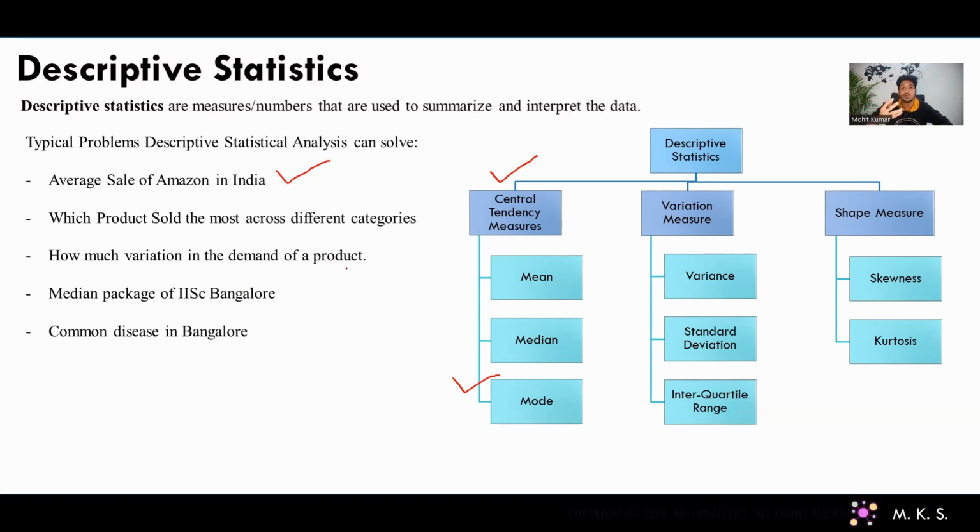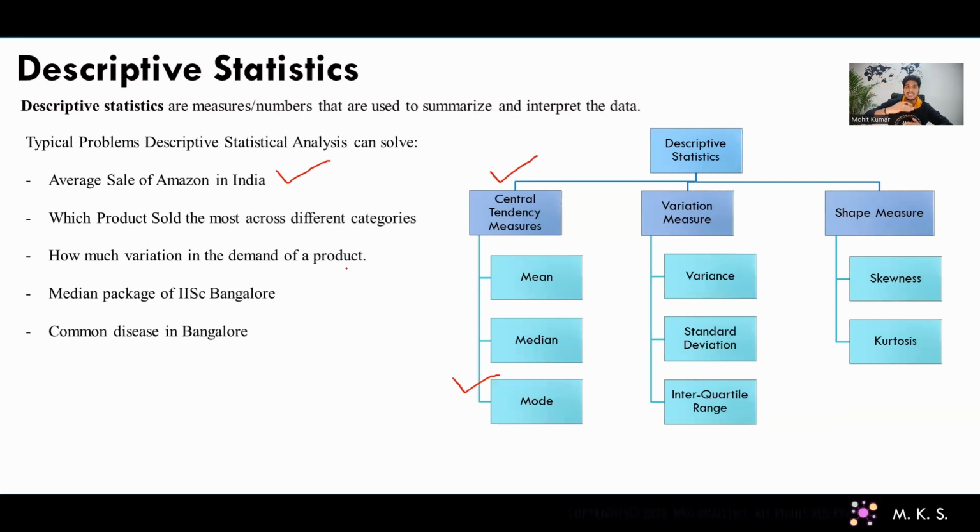Now, let's look at it from the industry perspective. Take the example of Amazon itself. Now, you know the central value, that may be, let's say, 10 lakh is the average sale of Amazon in India. Or you can say on an average, a single type of product sold on Amazon, let's say a phone, is 10,000. Now, that is the central value, but values can go a little bit up as well as lower.